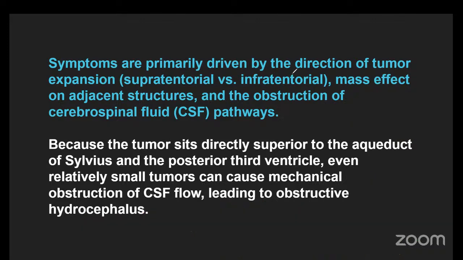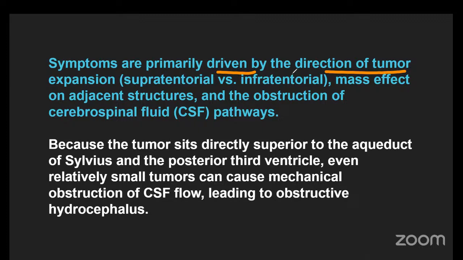So now, since we have discussed all the relevant structures, your patient is going to present with symptoms that will be driven by the direction of the tumor growth. Whichever way the tumor is growing, that particular way the patient will present. For example, if the tumor is growing supratentorially, then the presentation is going to be very different because it is going to put pressure on the occipital cortex, etc. If it is growing infratentorially, then it is going to put pressure on the cerebellum.